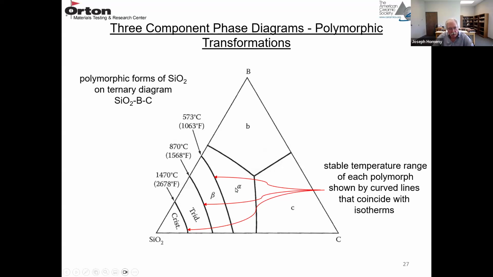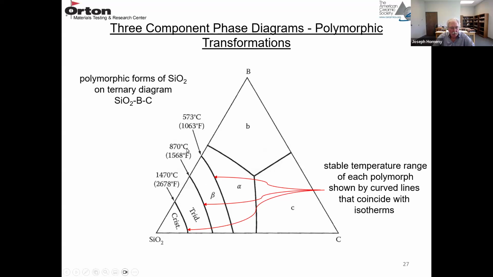So this is alpha and beta quartz. Alpha and beta quartz have a displacive phase transformation at 573 degrees C. So alpha quartz, beta quartz, the 573 contour. And then this is the transformation from beta quartz to tridymite. This is the 870 degrees C contour.